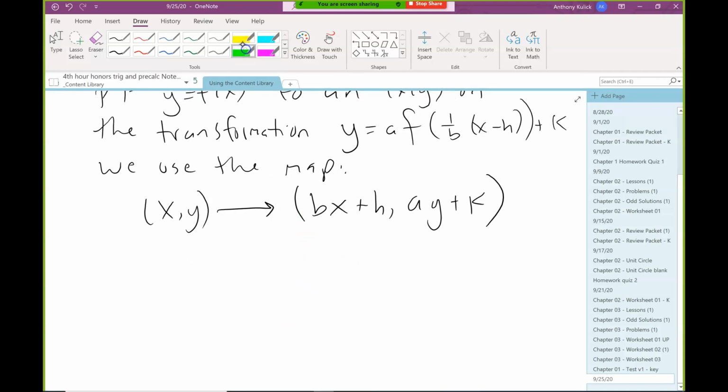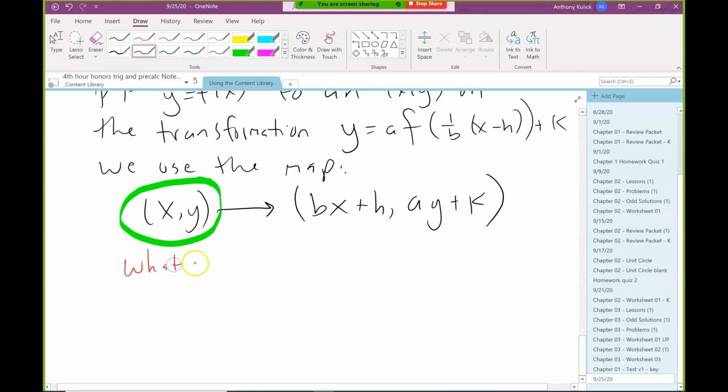So the question becomes, what are these key points that I need to use? The answer is, we're going to find those on the unit circle.